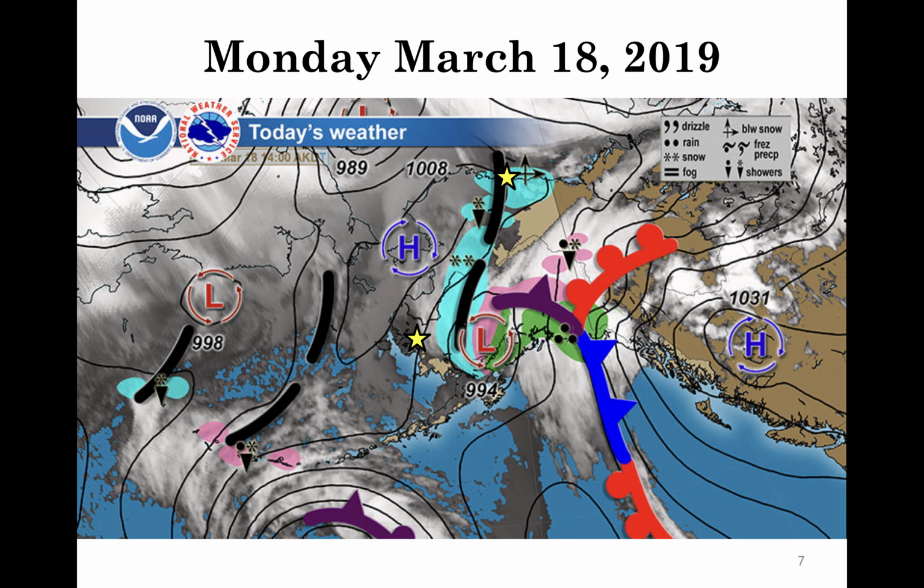As we can see here, there is a weak pressure system influencing both sites, Bethel and Kuprik. And the winds are strong at both sites as well.